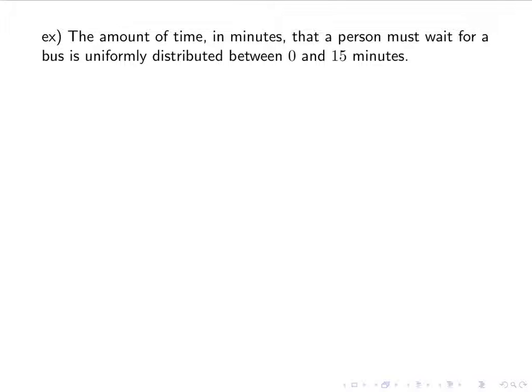So let's try an example. The amount of time in minutes that a person must wait for a bus is uniformly distributed between 0 and 15 minutes. So we write that x is U(0, 15). Mu is 15 over 2, which is 7.5 minutes.